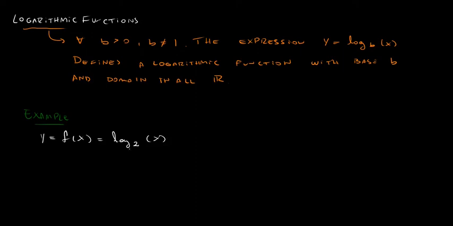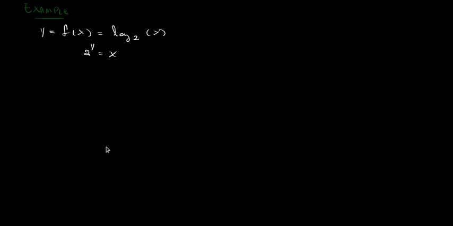As we said before, the logarithmic and the exponential are inverses. So we can isolate x from this equation and have that 2 to the power y is going to be x. And this will make it easier for us to work with the table of values.